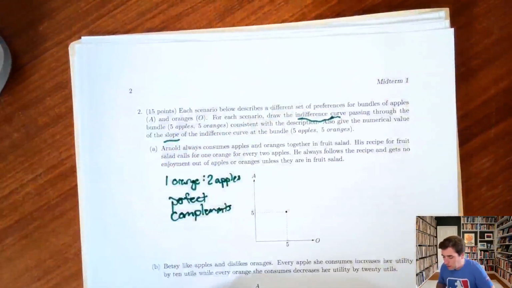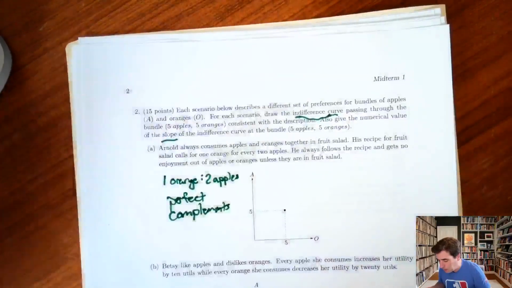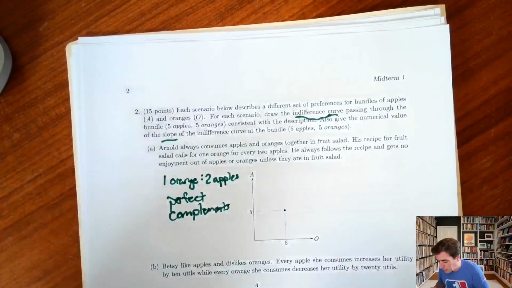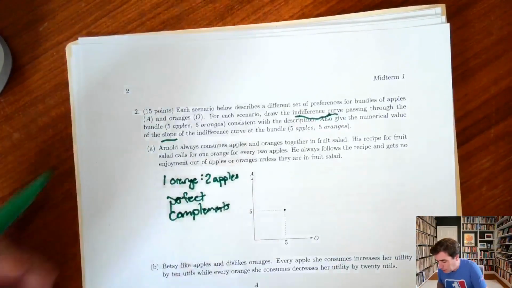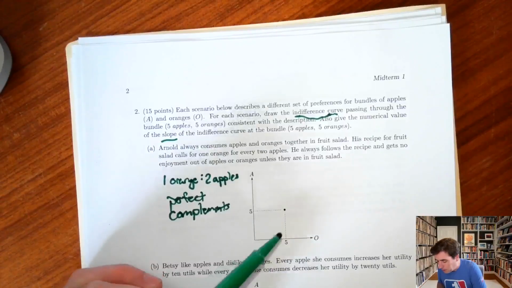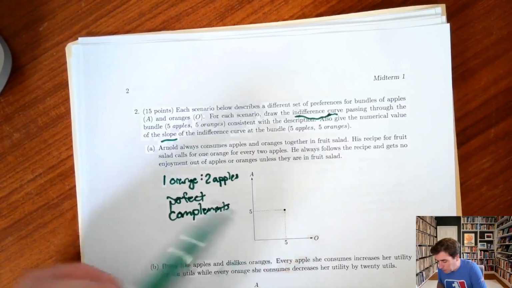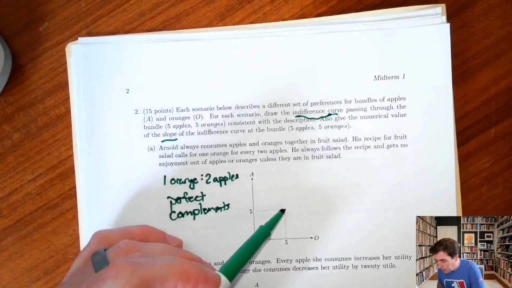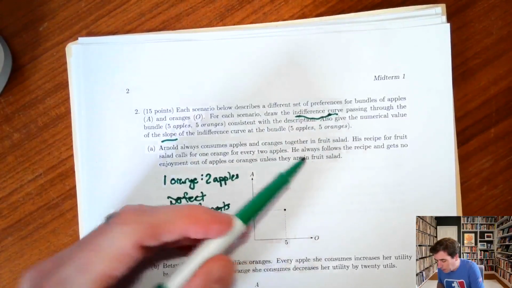So if I've got perfect complements and I always combine them in this 1-to-2 ratio, these are going to be my L-shaped indifference curves. And the corners are going to be where I have that exact right ratio. So if we think about having 5 oranges here, 5 oranges would need 10 apples to make my fruit salad, this 1-to-2 ratio. And so that would be way out here somewhere.